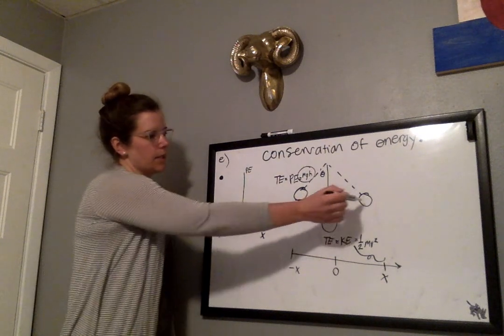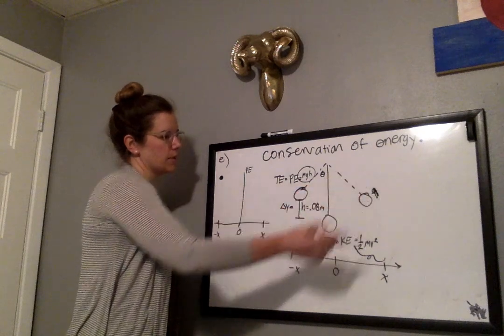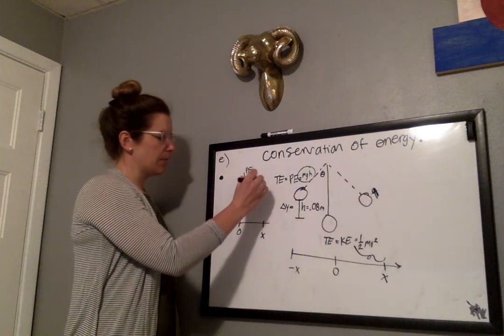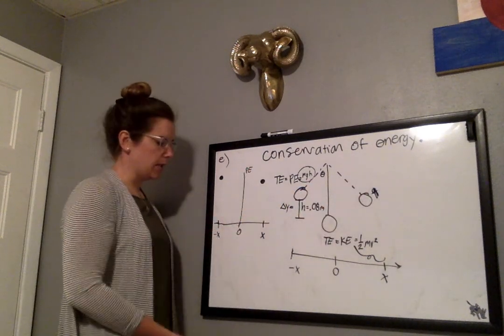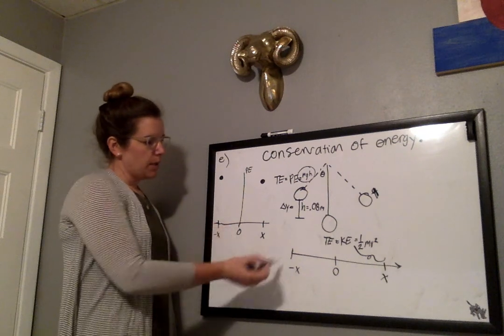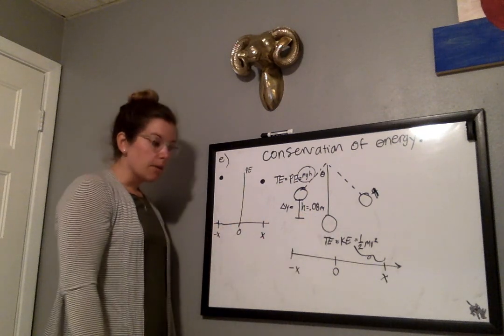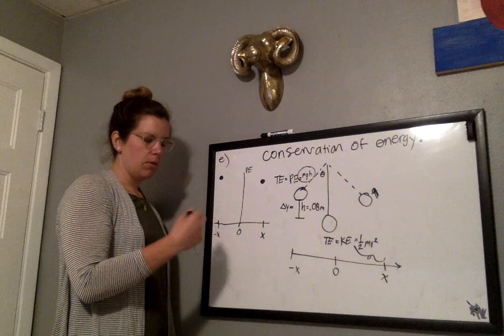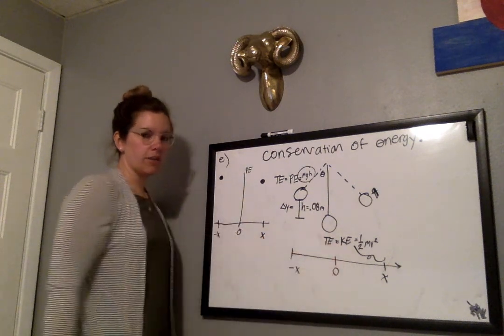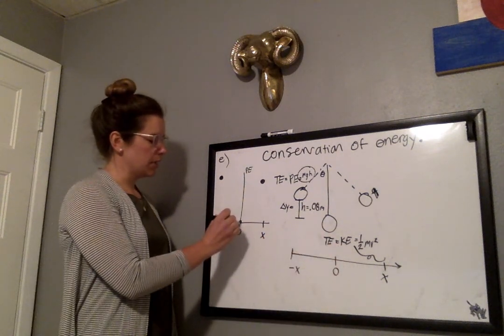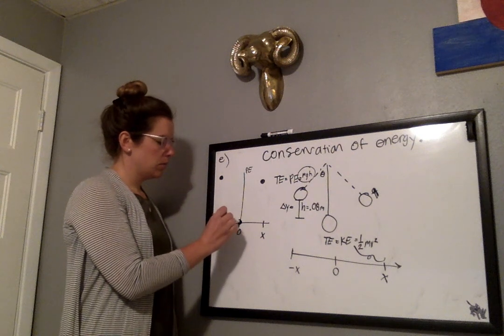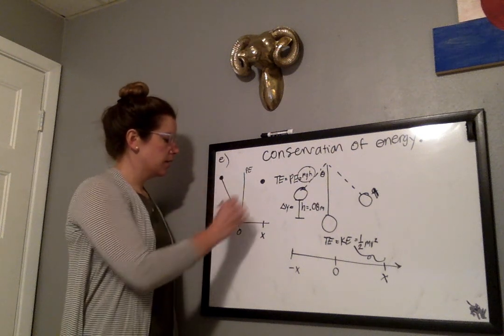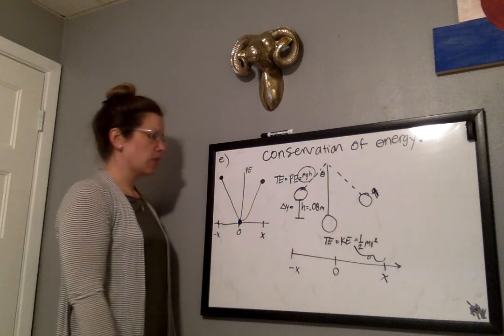As well, when it gets back over here at this point, it's going to have the same amount of potential energy, so it doesn't gain or lose any energy. At this point, when it's at its lowest point, the potential energy is 0. Why? Because all of the energy has been converted to kinetic energy. So I'm going to draw a dot here. Cool? And like so, connect the points. There's your graph.